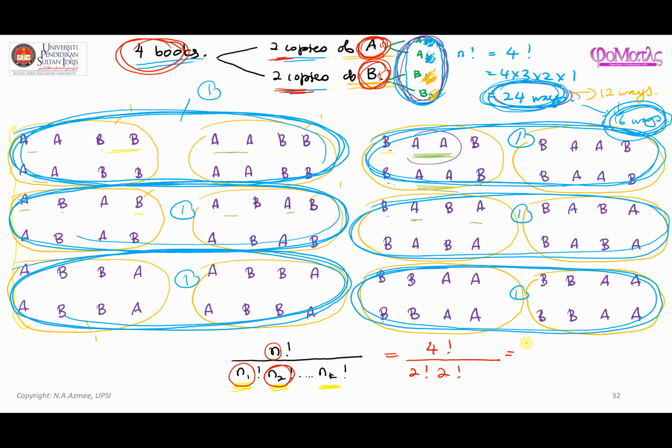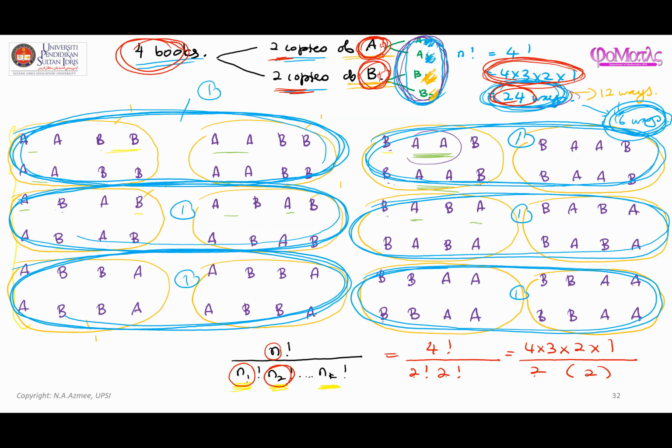And this becomes 4 times 3 times 2 times 1 for 4 factorial, which is basically this idea when you start by considering them to be distinctive, and then you divide by 2 factorial. So 2 factorial for this one is 2, and another one is 2.